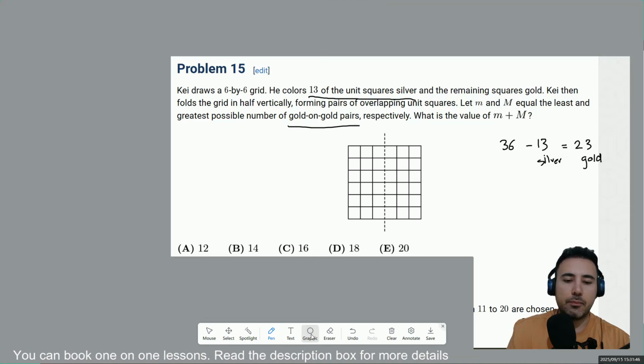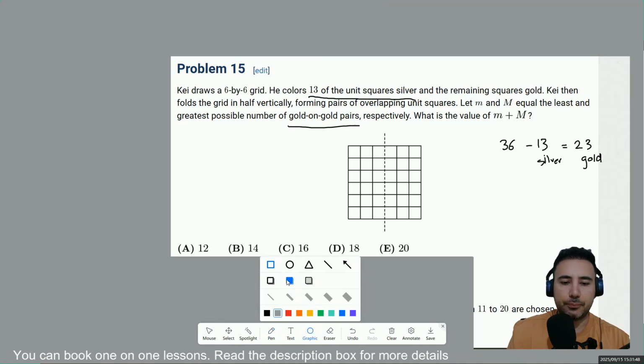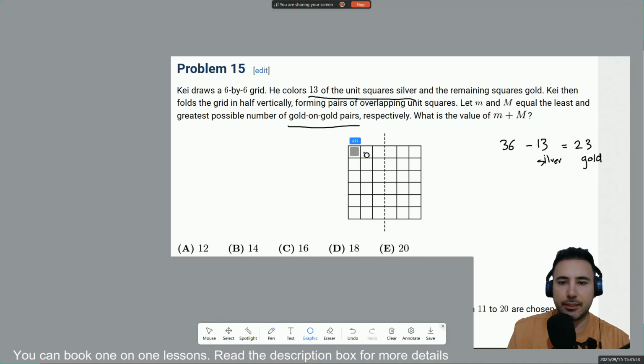So now, for example, if I have my silvers here, this is a silver, silver, silver. What happens if I put all my silvers on one side? It doesn't matter, I'll go random. I just make sure all my silvers are here. 3, 6, 8, 9, 10, 11, 12.